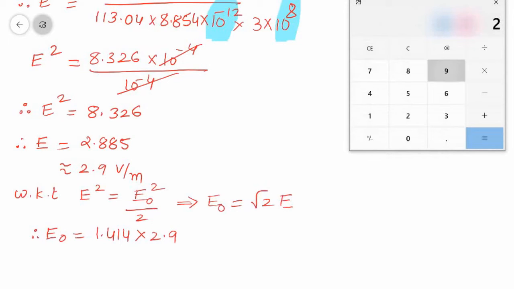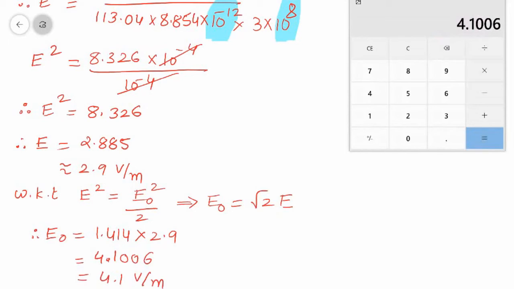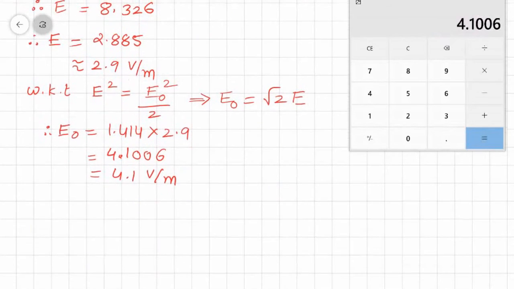So 2.9 into 1.414 is 4.1006, or you can write nearly 4.1 volt per meter. This will be the value of electric field.